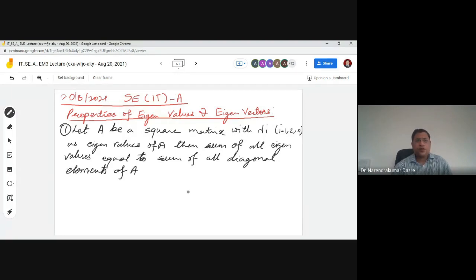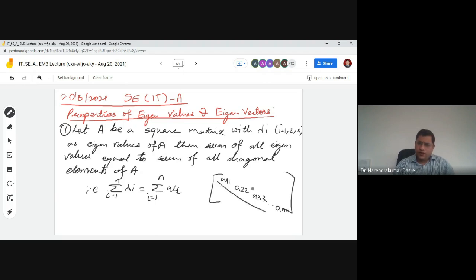That is, if I consider the summation, i running from 1 to n, of lambda i, then it is nothing but the summation, i running from 1 to n, of aii, because aii is the diagonal element. You can see this will be a11, a22, a33, and so on, and the last diagonal element will be ann.